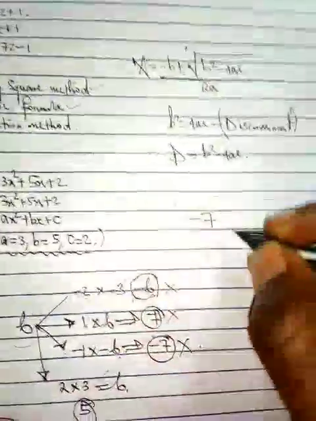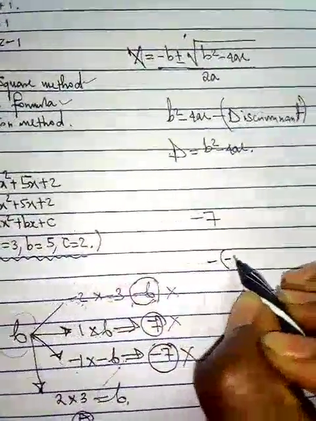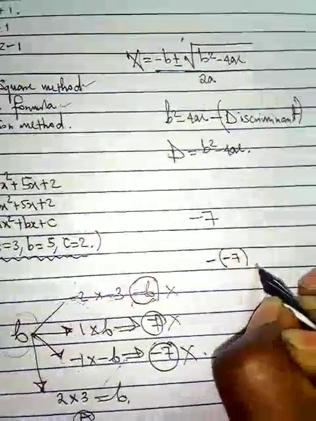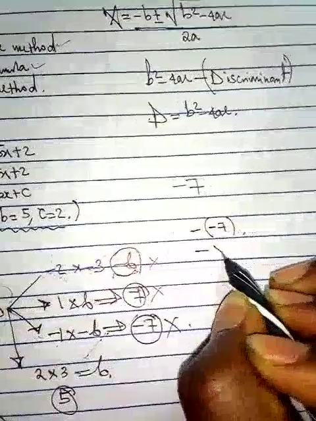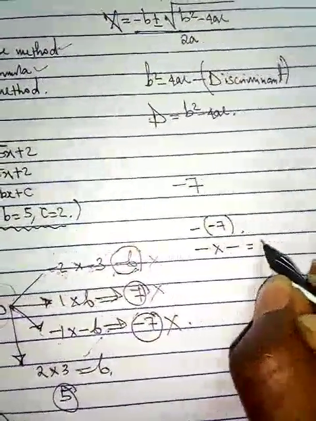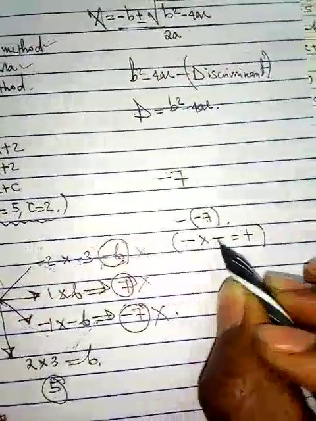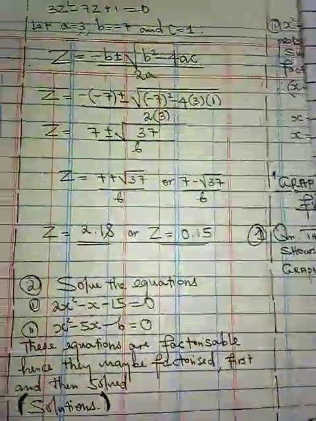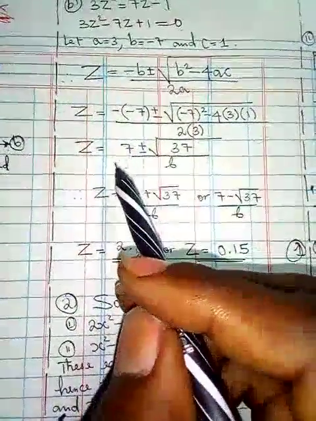So the better way to write this is negative, and then you open your brackets and write your negative 7. We all know that anytime a negative expression is being multiplied by another negative expression, the outcome is always positive. That is, negative times negative is positive. So that's the whole reason why the 7 is expressed as a positive here.